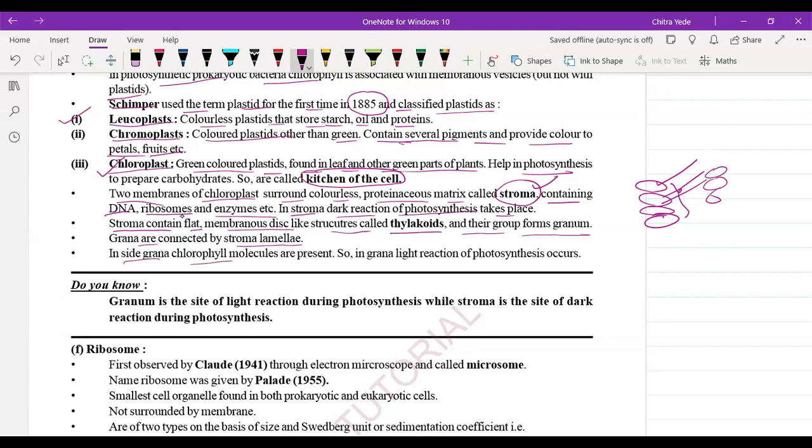Inside the grana, chlorophyll molecules are present. So in the grana the light reaction takes place, which means conversion of light into chemical energy. The grana is the site of the light reaction during photosynthesis, while the stroma is the site of the dark reaction.